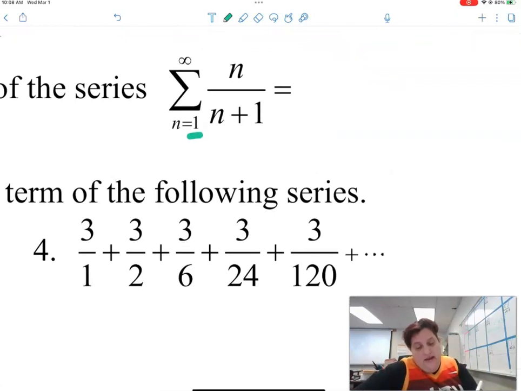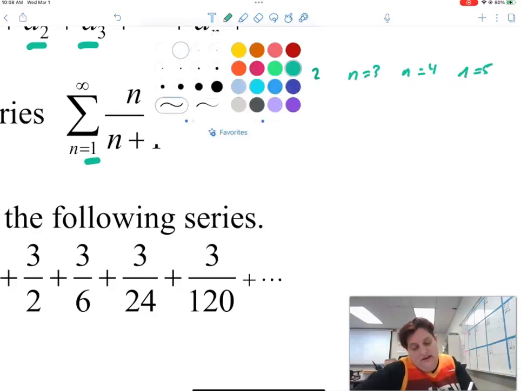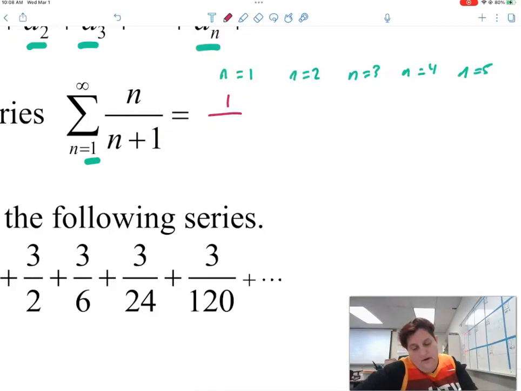Okay, so start with n equals 1. And for my 5 terms, you don't always have to write them out. I'm just going to do this the first time because I think it'll help you. So I'm going to do n equals 1, n equals 2, n equals 3, n equals 4, n equals 5. My first term is going to be 1 over 1 plus 1.